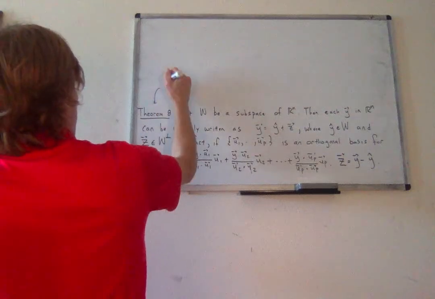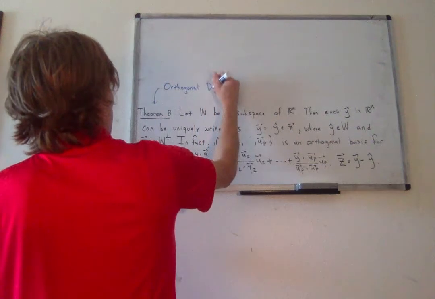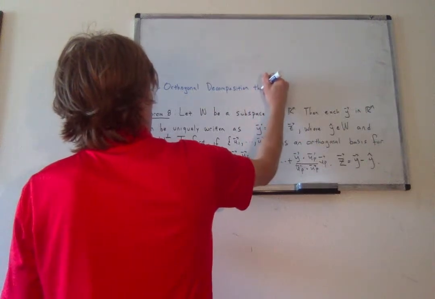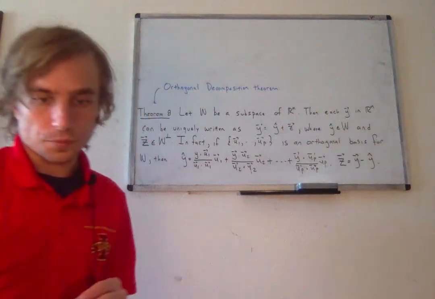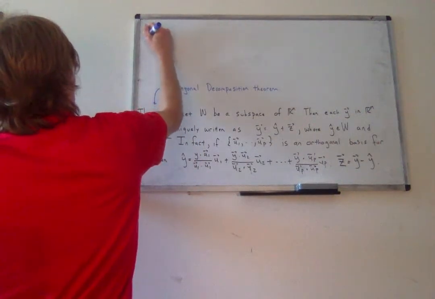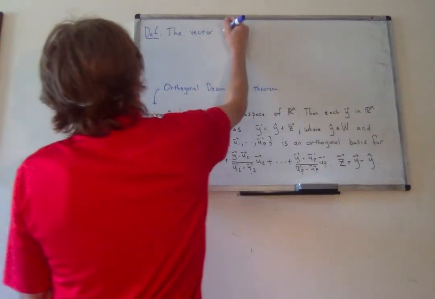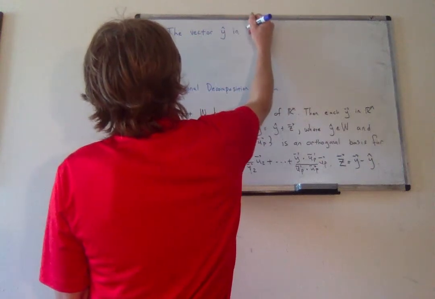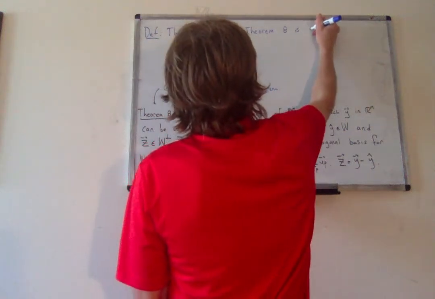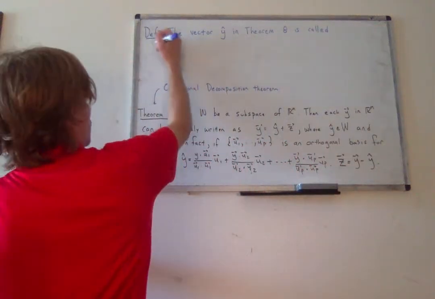So like I said, just to state it, this is called the orthogonal decomposition theorem. And the vector y hat in theorem 8, or in the orthogonal decomposition theorem, is called the orthogonal projection of y onto w.